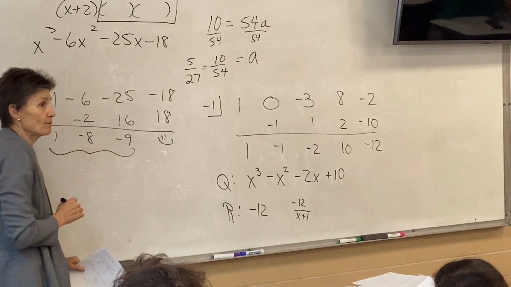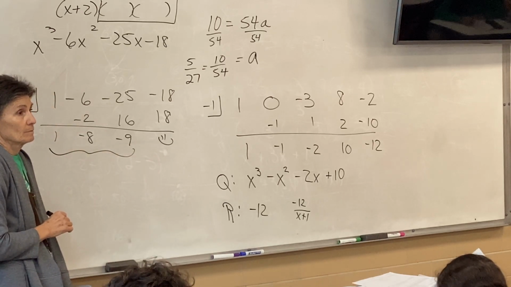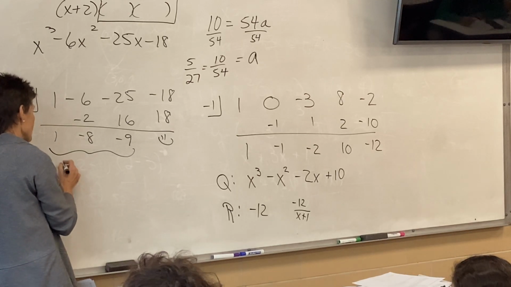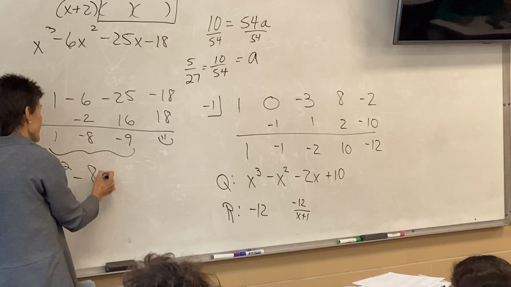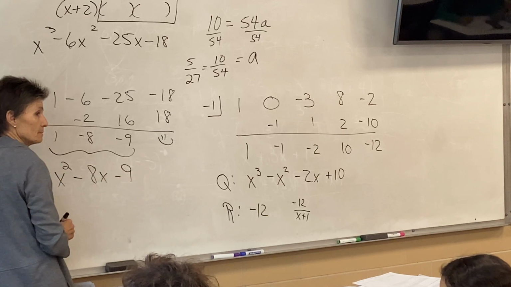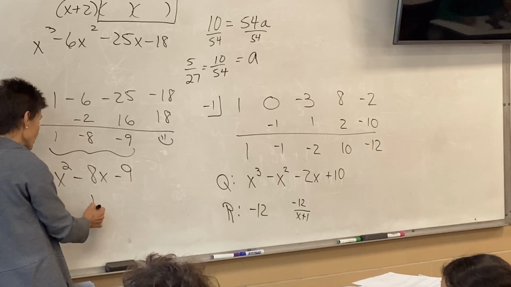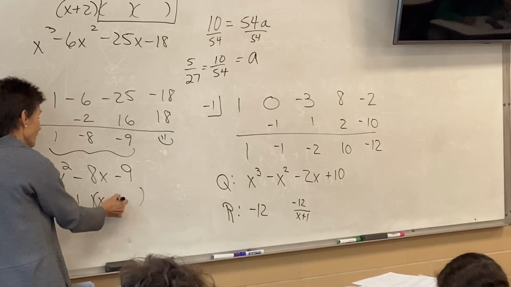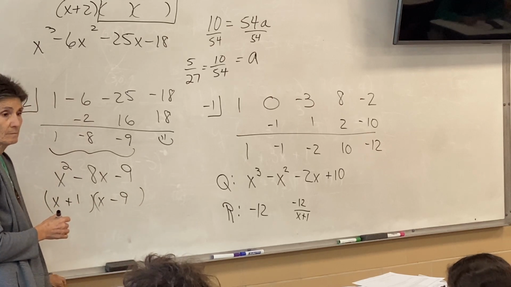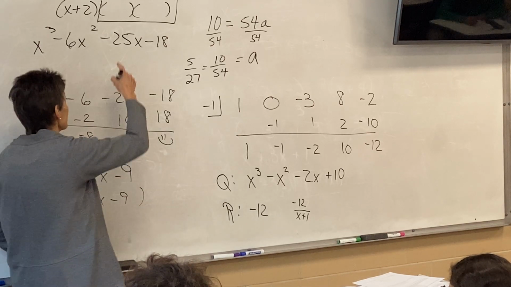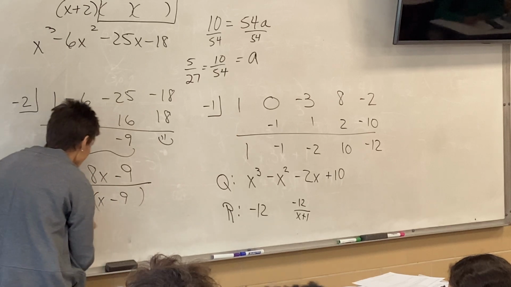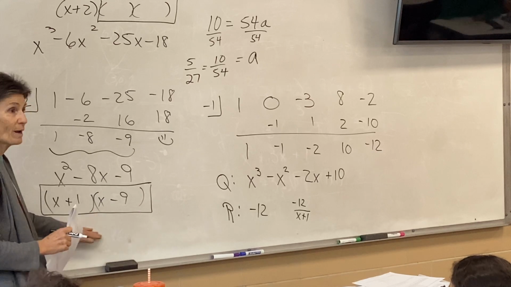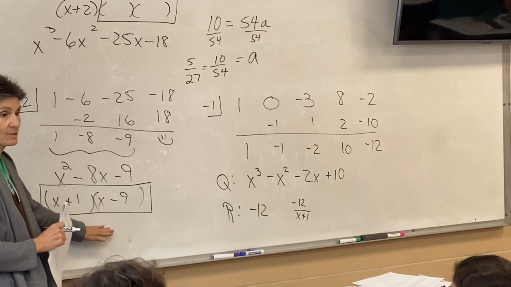This is gonna give you the other 2. What is that? x squared minus 8x minus 9. That will factor: x plus 1, x minus 9. So what goes in the answer blank? These 2 things right here. What are the other factors? The other parentheses are these guys right here.